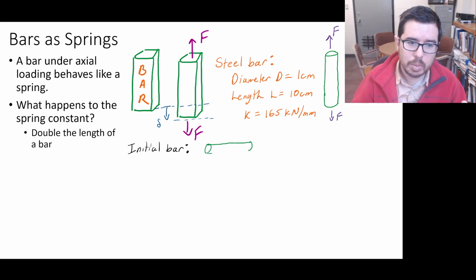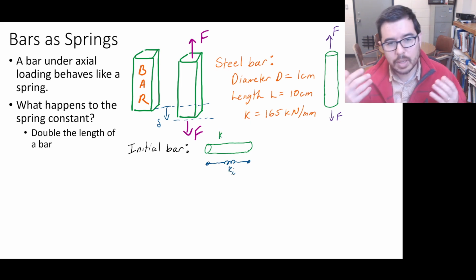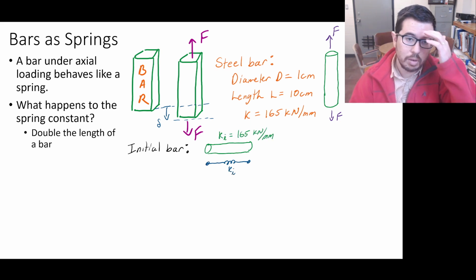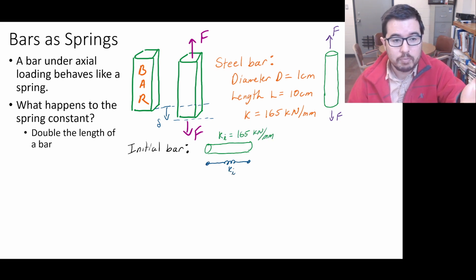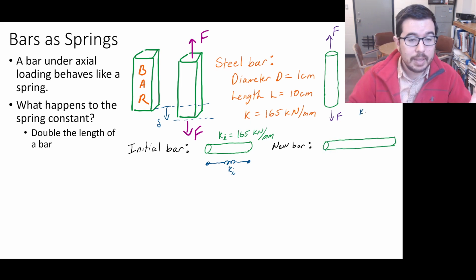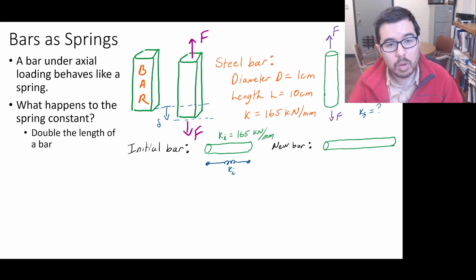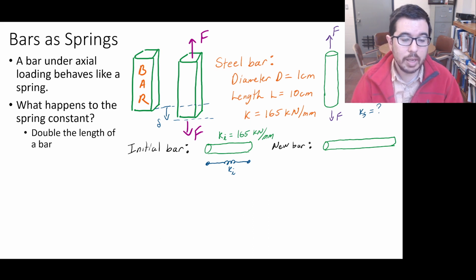Well, here's what the bar looks like initially. It's got some length to it. It's got a spring coefficient. It can be drawn as a coil. And if we double the length of the bar, what is the new coefficient going to look like?